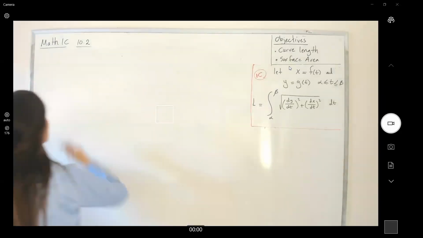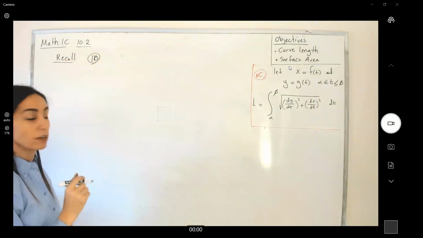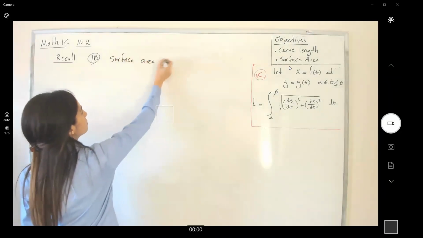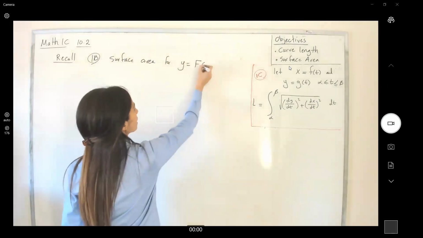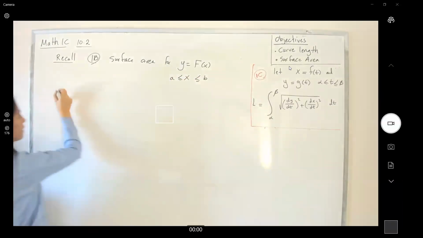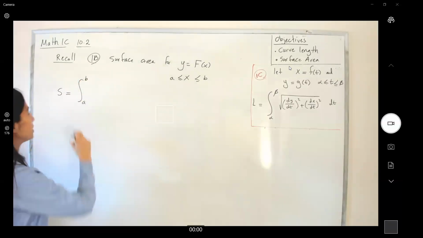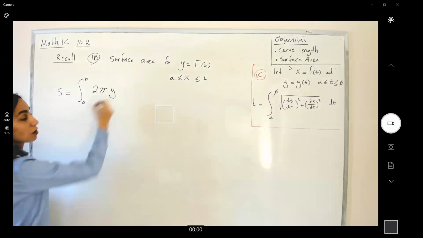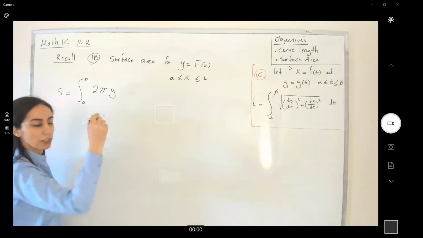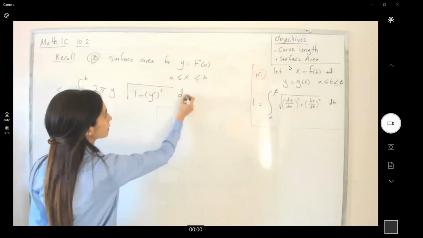Recall that in 1B, or in elementary calculus, we learned that surface area for y equals, for example, f of x, when x is bounded between a and b, is given as S equals the definite integral from a to b of 2 pi times your function ds. But what was ds? ds was the length of the curve, so you had square root of 1 plus the derivative y squared dx.